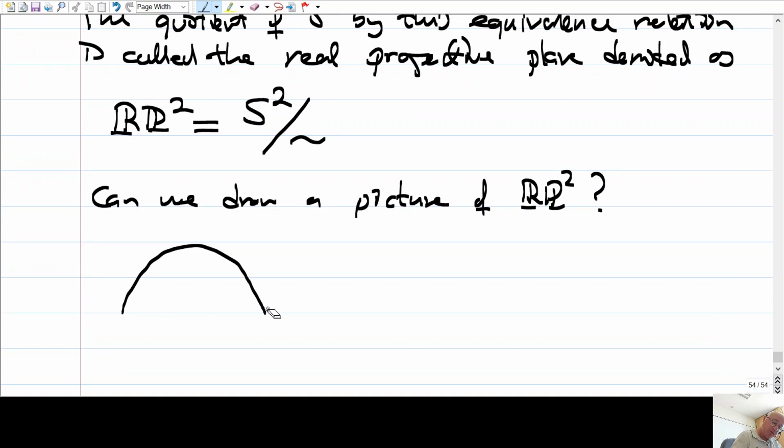Get rid of the southern hemisphere. Okay. So that almost all the points now in RP2 have a unique representative, right? A unique representative, which is on the northern hemisphere. But not exactly. Why is that? Because still there are points here, like this one.